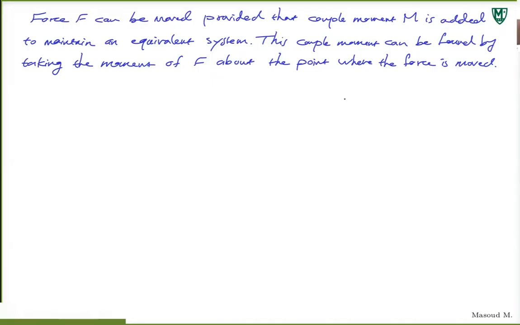So M basically becomes a moment, and since it's a moment, it's just a free vector. It can be anywhere, but that's how we can find it.